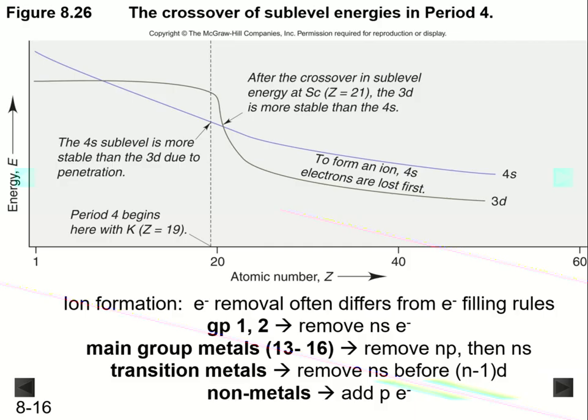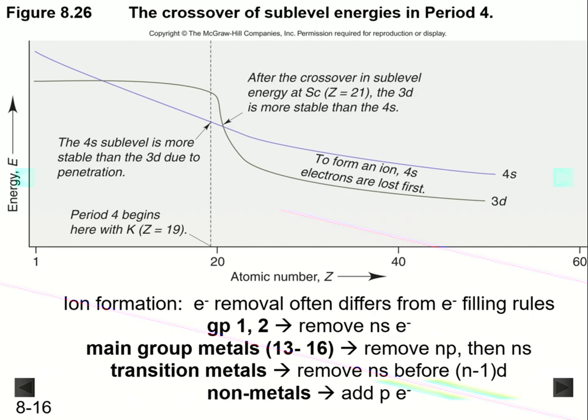So the blue line, the one that slowly and continuously decreases across the graph, is for the 4s sublevel. The green is for the 3d. So you can see once we enter the transition series, the 4s sublevel is more stable than the 3d due to penetration, which we knew from what we learned earlier.